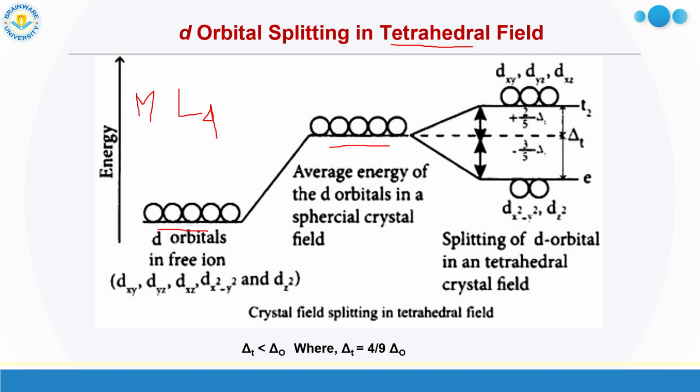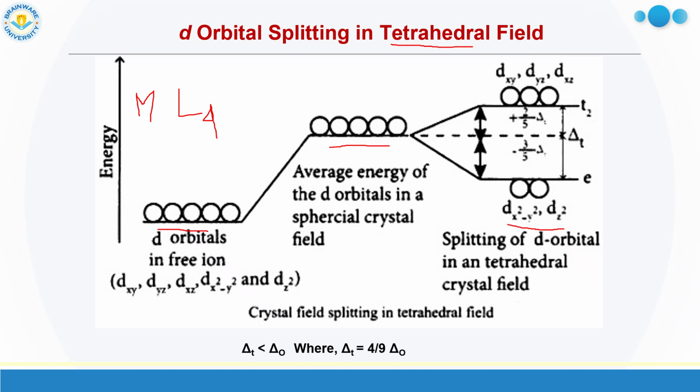Here, as the ligands approach in between the axes, the metal orbitals present in between the axes will face more interaction. As a result, dxy, dyz, dzx become higher in energy, whereas dx square minus y square and dz square, being oriented along the axis, face lower interaction, so become lower in energy.